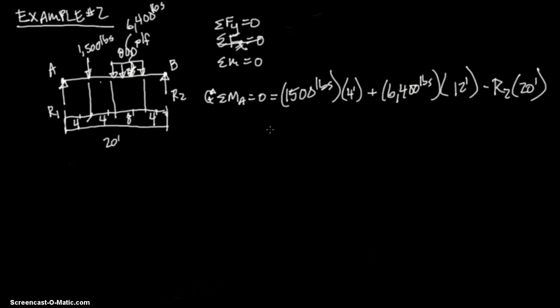And then we solve for R2. I'm just going to go ahead and do it in my head. So 1500 times 4 plus 6400 times 12 is going to give you 82,800, which you're going to switch R2 over the opposite side. It's going to become positive, and you're going to divide 82,800 divided by 20 is R2 equals 4140.